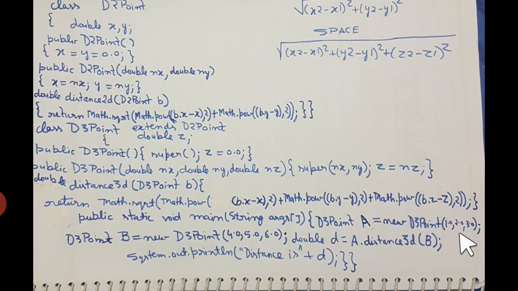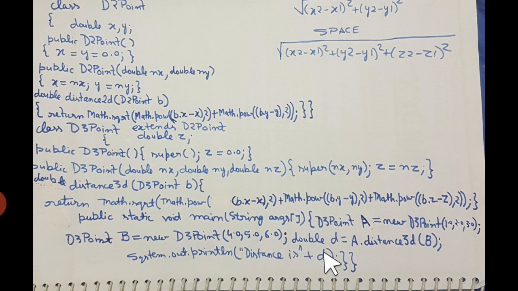In the parameterized constructor for a, I pass these three values 1.0, 2.0 and 3.0, and for b we pass 4.0, 5.0 and 6.0.